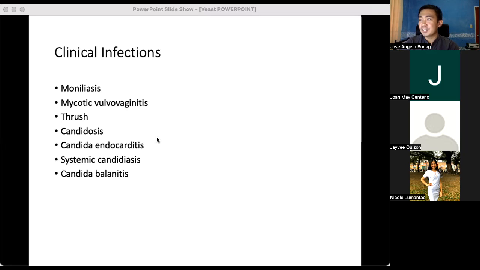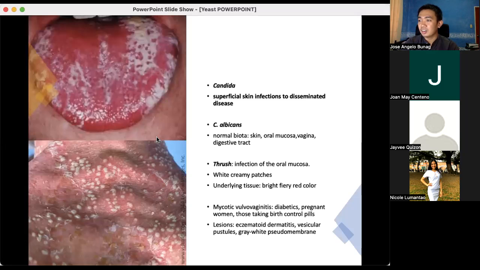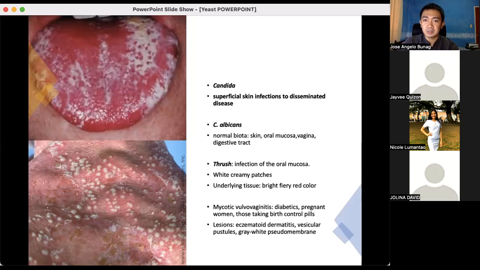So again, sabi nga natin, your Candida albicans or Candida species can be present in the mucosal area, your cutaneous, or even sa mga systemic circulation. So under this, these are examples ng mga infection natin.